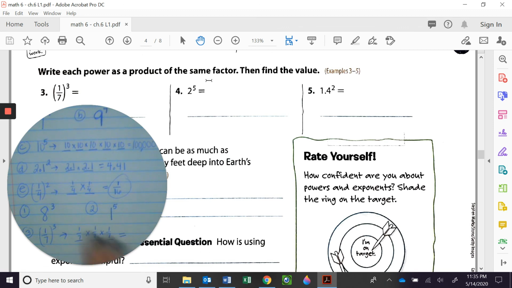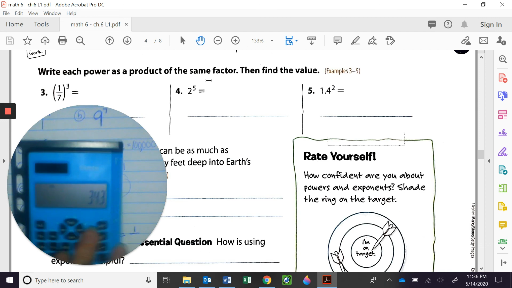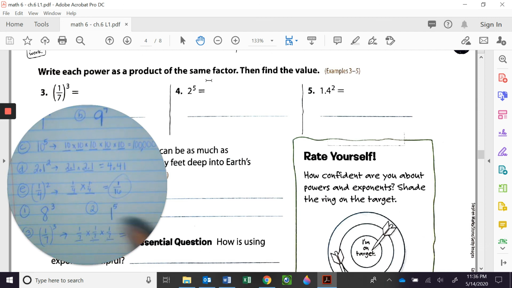So 1 times 1 times 1 is 1. 7 times 7 times 7. Well, I definitely know 7 times 7 is 49, but I might not know what 49 times 7 is. So get out your calculator. 7 times 7 times 7 is 343. There's nothing wrong with you getting out your calculator. Try the quiz on your own, please.